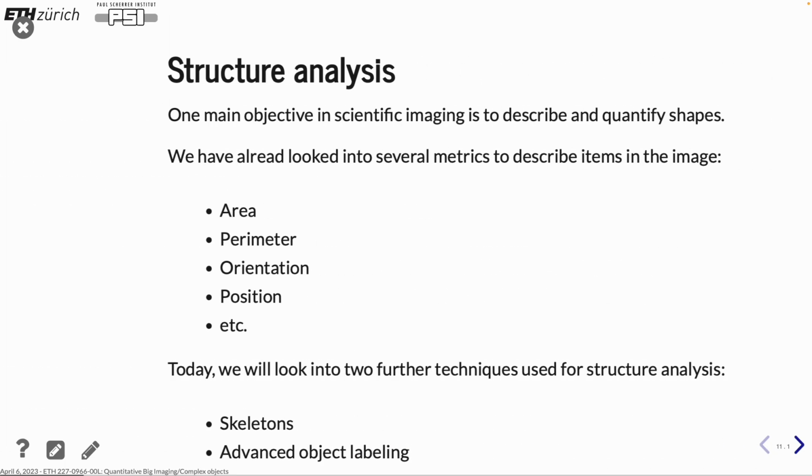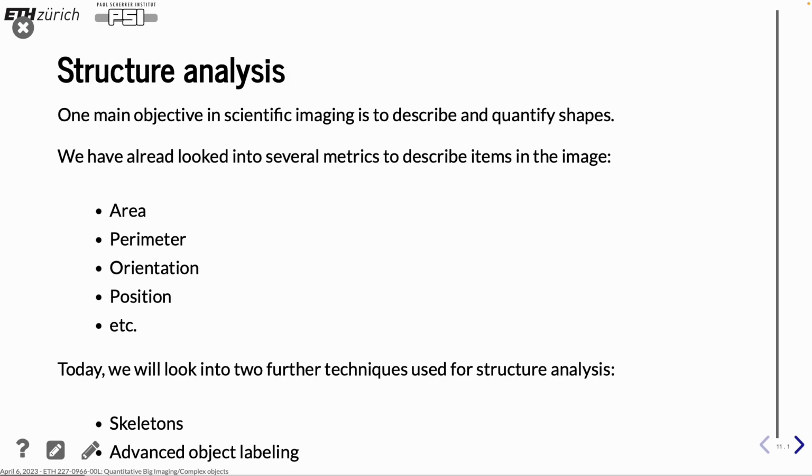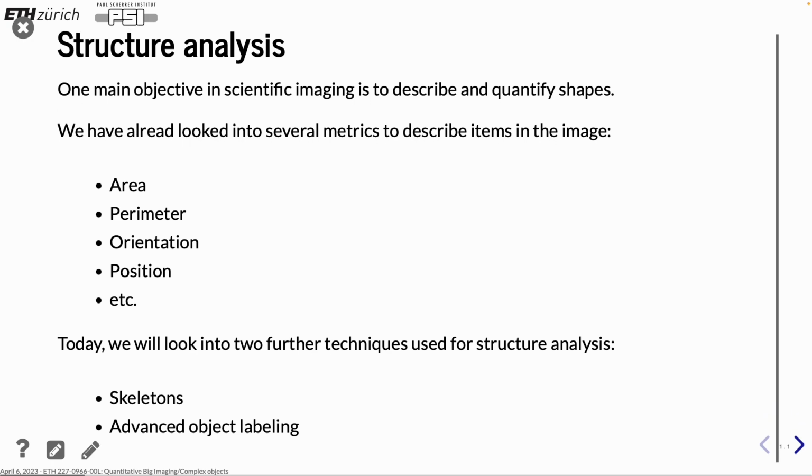Actually, skip this one. So we go instead to structure analysis, and here we already did some last week. We could measure the area, perimeter, orientations, etc. And the next step in the structure analysis is to look at skeletons and also the advanced object labeling.